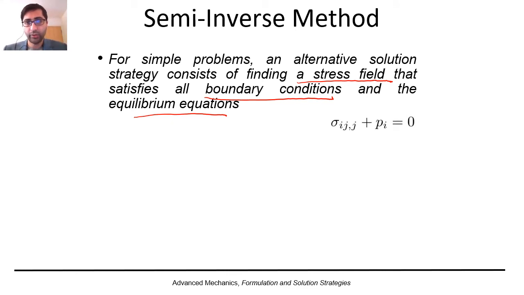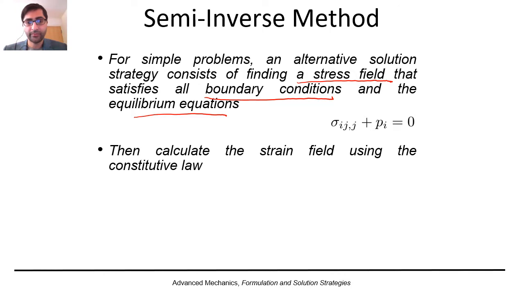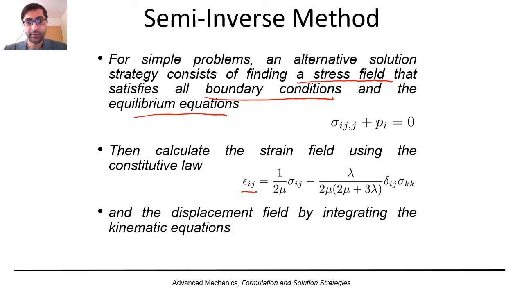You remember the equilibrium equation between stress and body forces. Then calculating the strain field using constitutive law, here Hooke's law. And finally the displacement field by integrating the kinematic equations, finding u based on epsilon.